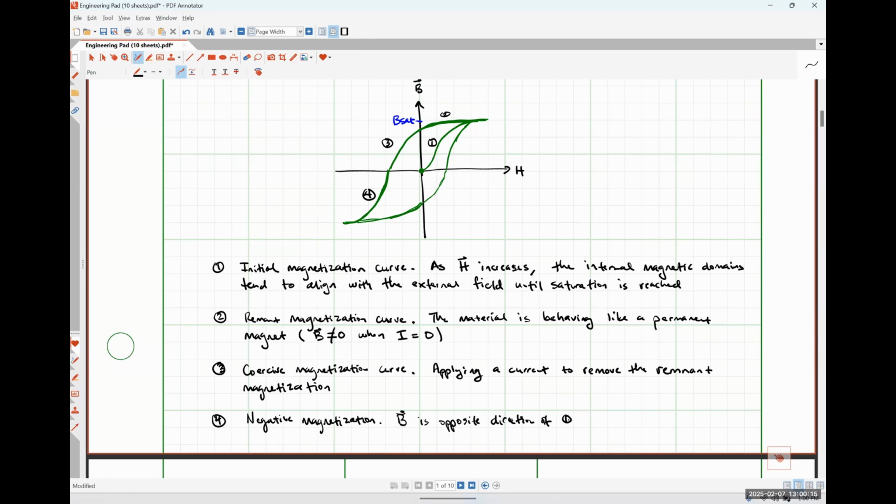Okay. So the shape of this hysteresis curve is also dependent on the material properties. And specifically what I mean is the width of the curve, okay? So if we have a very wide magnetization curve like this, that would be a very, very good thing for digital storage media because it requires a lot of externally applied field in order to get rid of our magnetization or establish our magnetization, right?